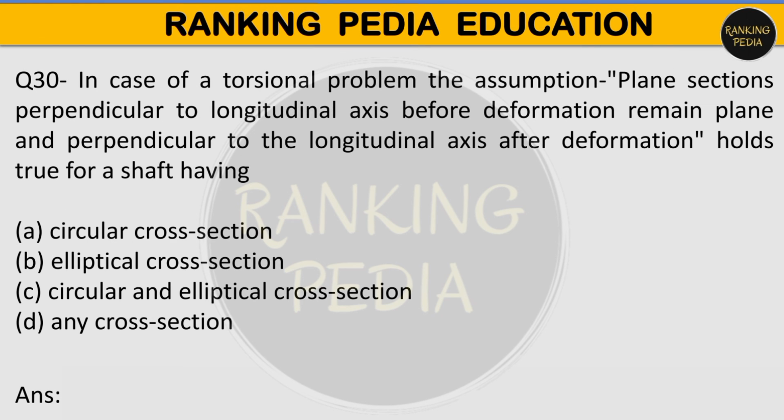Next question is, in case of torsional problem, the assumption is given over here: plane section perpendicular to longitudinal axis before deformation remains plane and perpendicular to the longitudinal axis after deformation. It holds true for a shaft having, so you have to tell in which condition. Options are circular cross section, elliptical cross section, circular and elliptical both cross section, or any cross section.